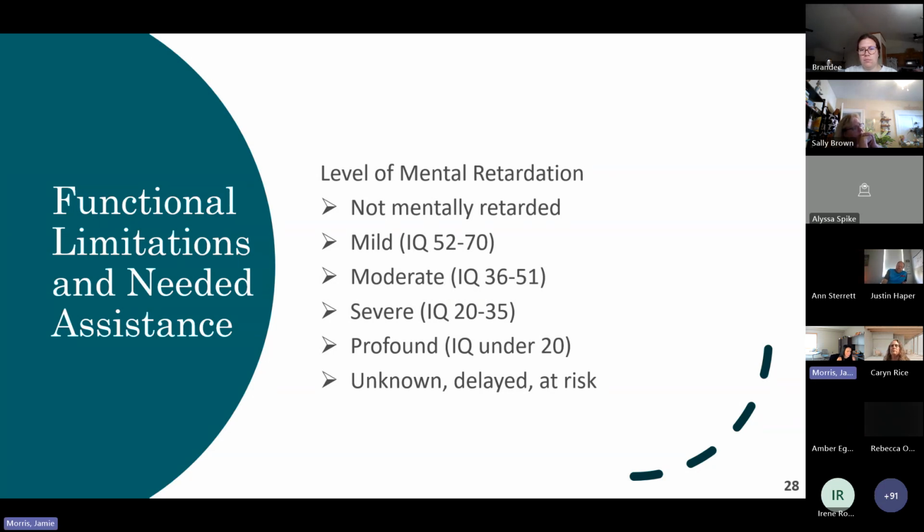Okay, so those are the options. We're only allowed to choose one. If you do not have additional or primary diagnosis of ID or MR, we would not mark this. We would either put number 1, which is not mentally retarded, or number 6, unknown, delayed, at risk.